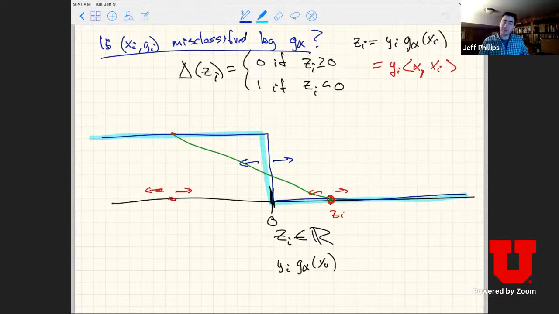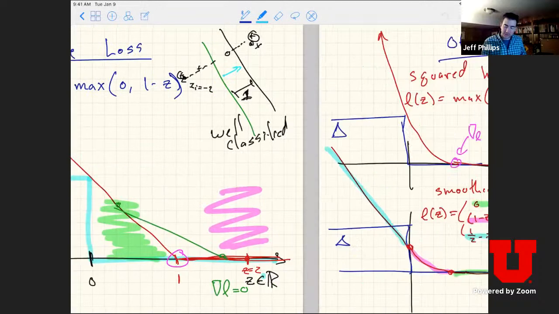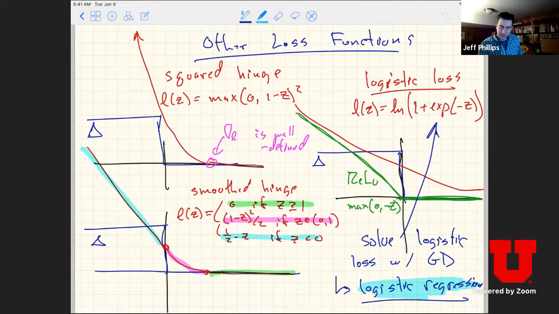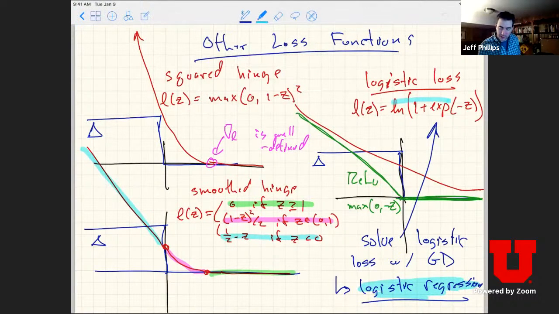And I can't optimize this function, so I'm going to approximate it with a smooth convex function. There's the hinge loss, which is the simplest thing, or there are these other variants, and the logistic loss function is this guy here.